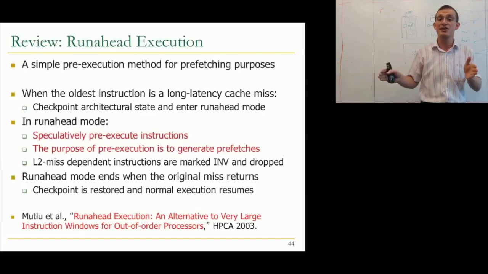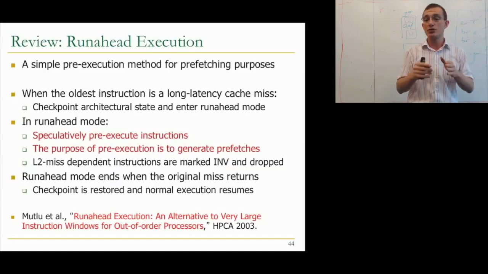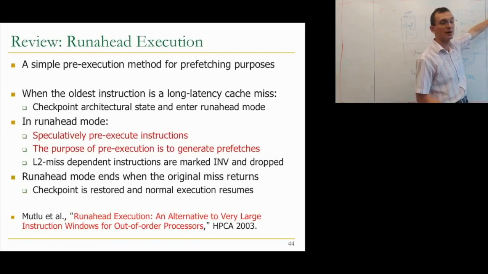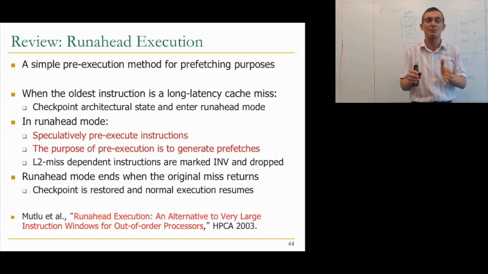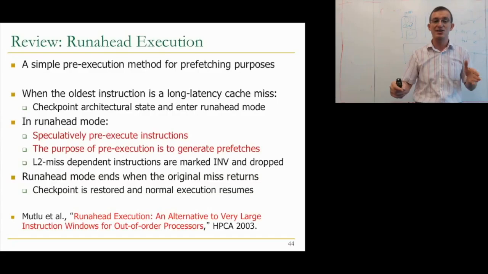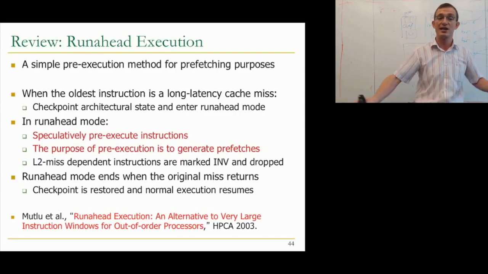You could now consider this a speculative thread because its state is checkpointed. In run-ahead mode, instructions are speculatively pre-executed, and the purpose of pre-execution is just to generate prefetches, just like this helper thread. So run-ahead execution really generates a helper thread, uses the main thread as the helper thread. And the L2 miss-dependent instructions are marked invalid and dropped such that space can be made in the instruction window for other instructions that are independent.